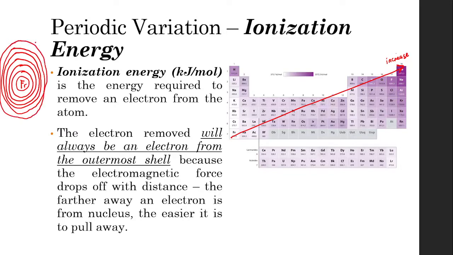So the valence electron of francium is actually around this area, and as you can see here, there's already so much shell before going through its last shell.